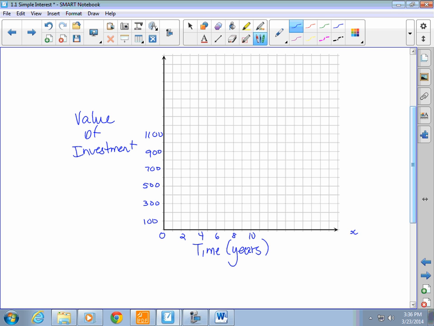And we plot this. So at year 0, we started at 500. Well, you know what? Sorry, I'm going to make this a little bit different because it's going to be hard to show our $30 increases there. So I'm actually going to start this right at 500 here, since it doesn't start till 500. And if we go 1, 2, 3, so every 4 blanks we could put up $100.